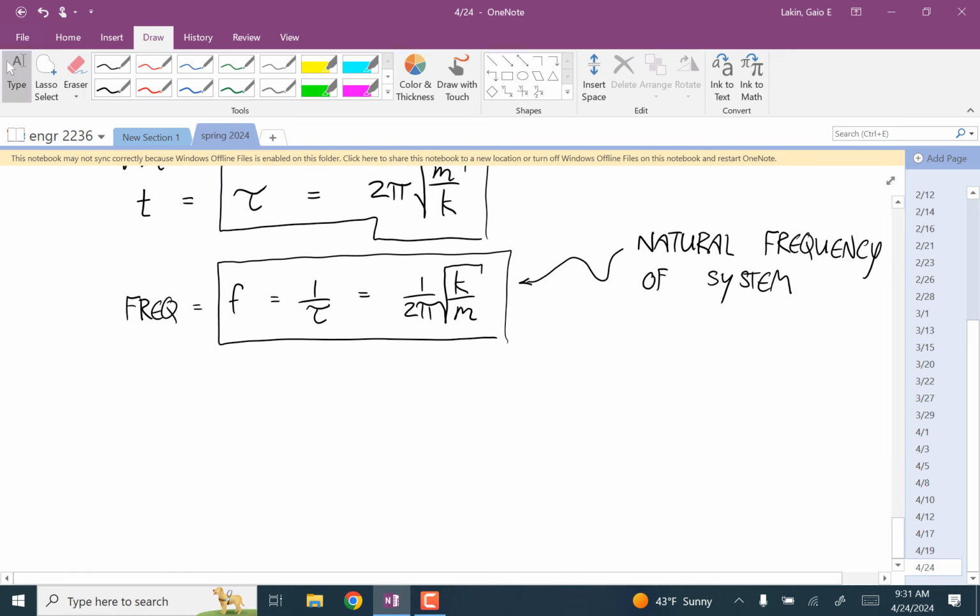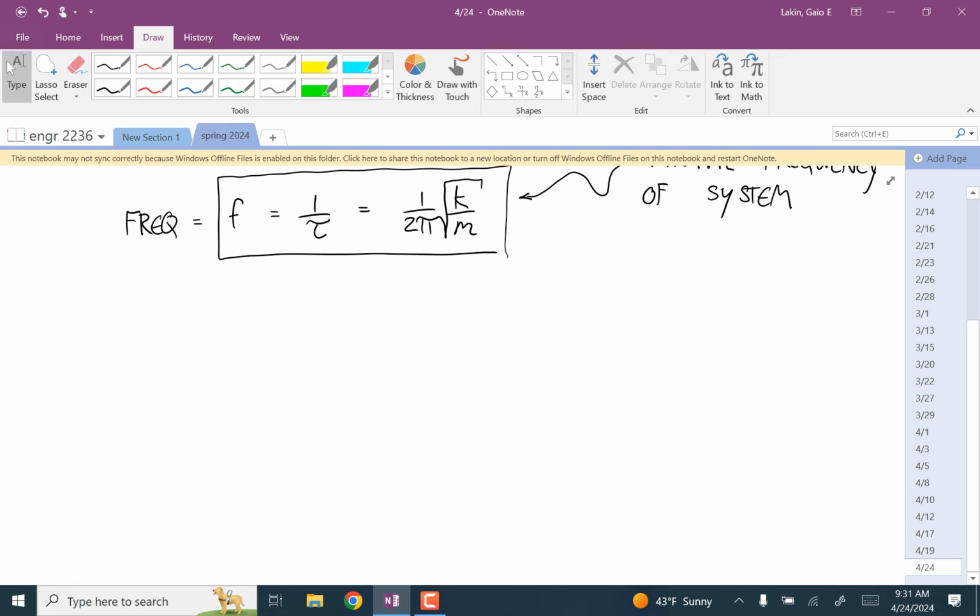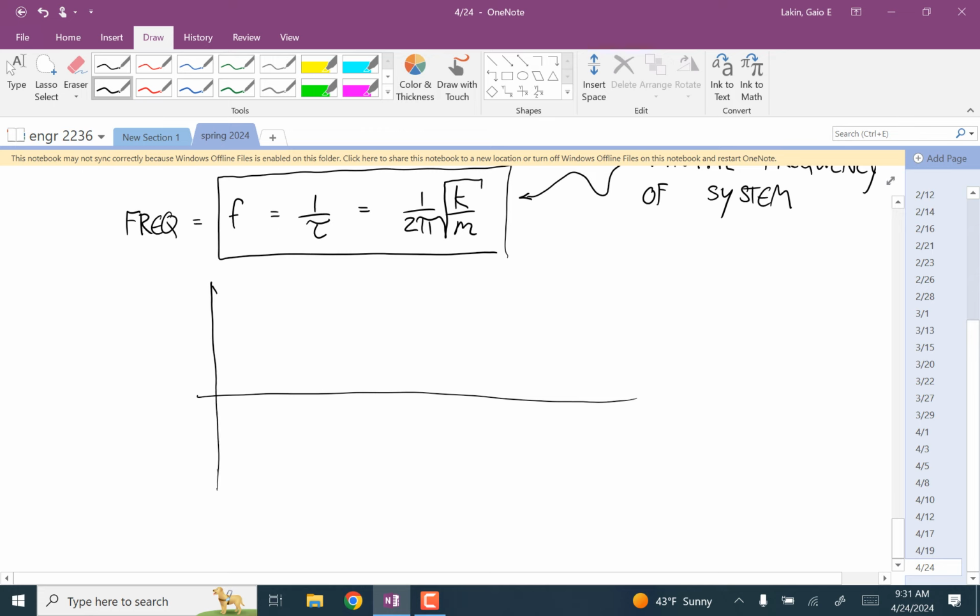Okay, so let's graph this. This is the position, and it looks something like that.